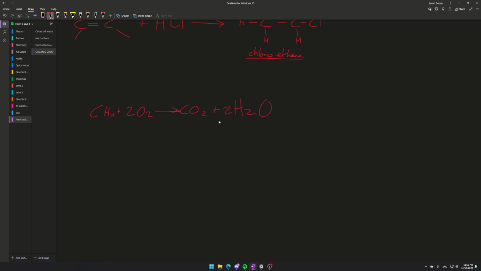What happens is the methane reacts with the oxygen in the air, and they burn with a clear blue flame. And in the presence of excess air, this reaction demonstrates complete combustion.